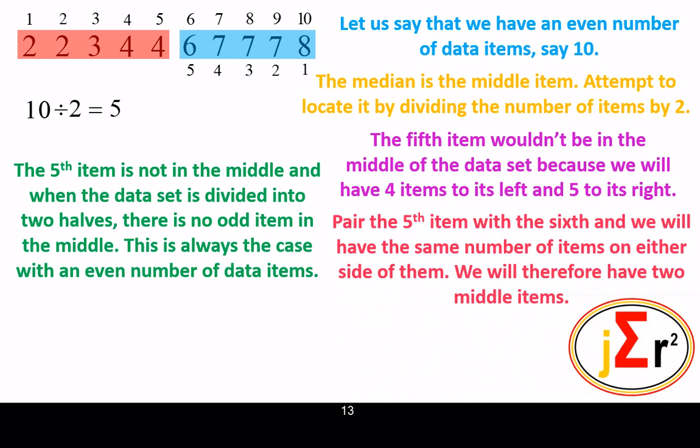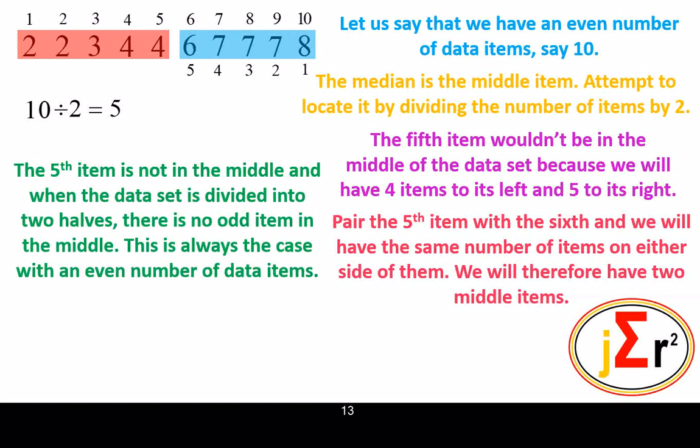So what we have to do, because if we are going to find the median and there is no middle number, is pair the last data item in the first half with the first data item in the second half. So pair the 5th item with the 6th item, and we will have the same number of items on either side of them.